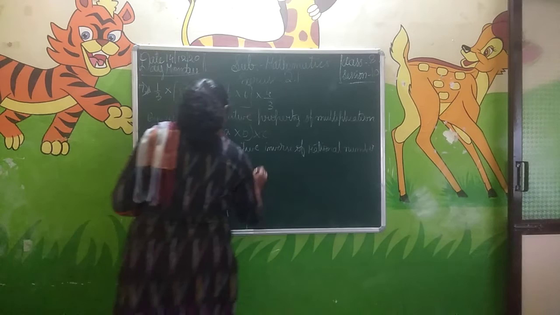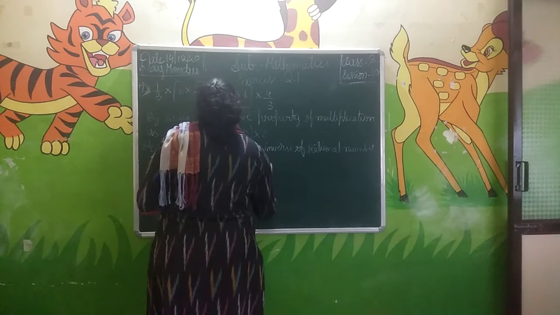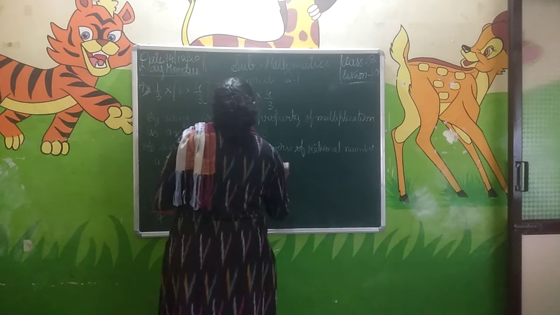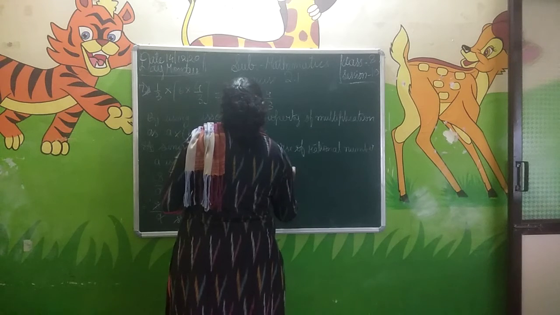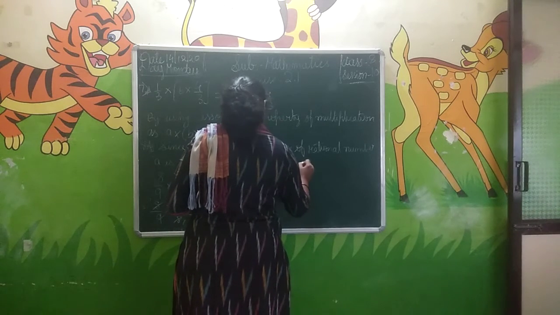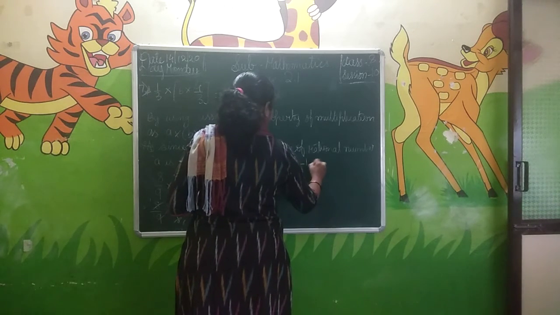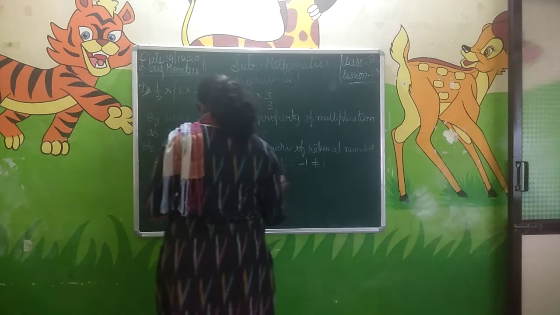So 8 by 9 into minus 1 by 8 equals minus 1. So it is not equal to 1.